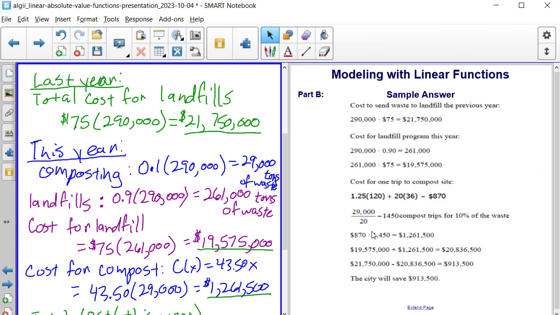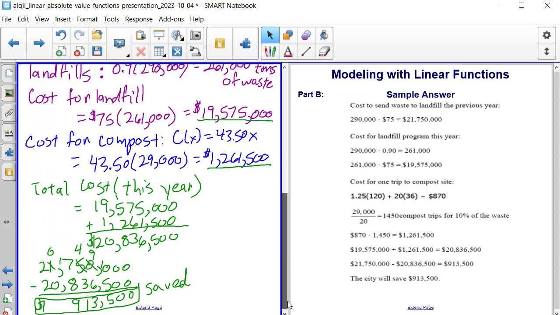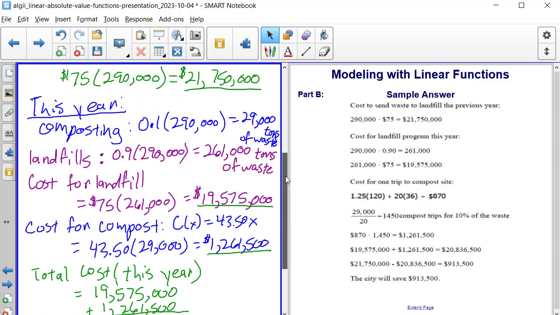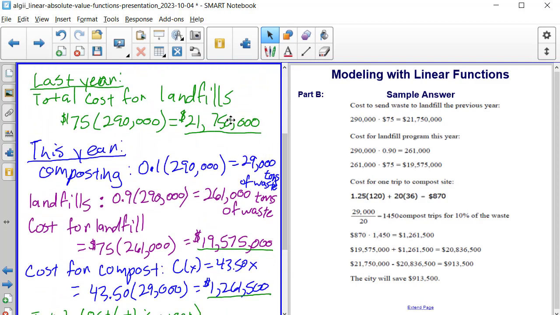And here's the solution to part B. They actually did it in a slightly different way, but still came out with the same answer of $913,500 will be saved. They still first calculated the cost of sending waste to the landfill last year. That value is still the same.